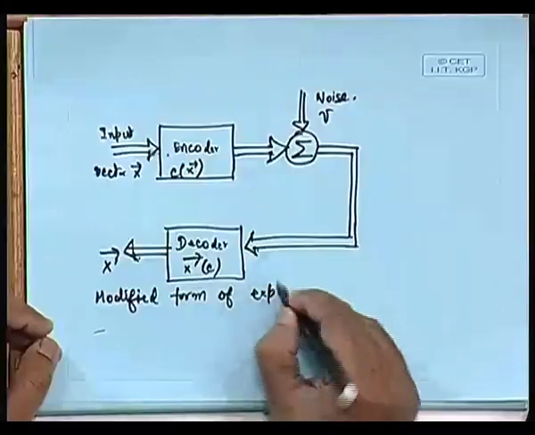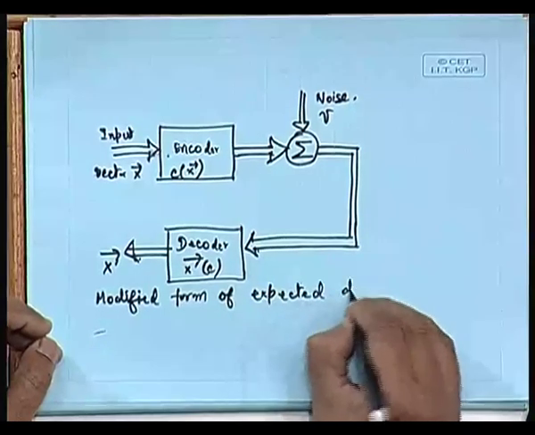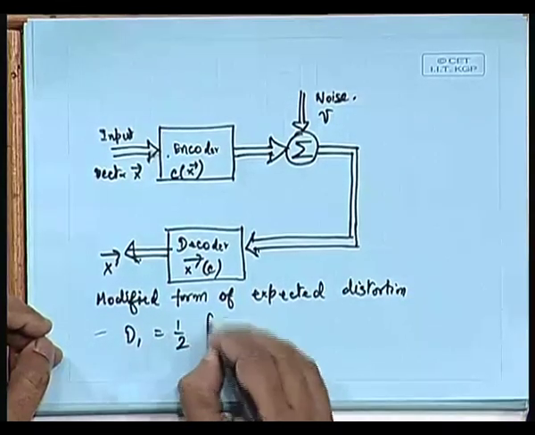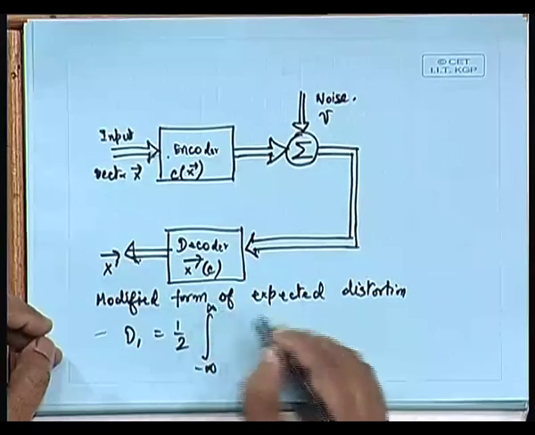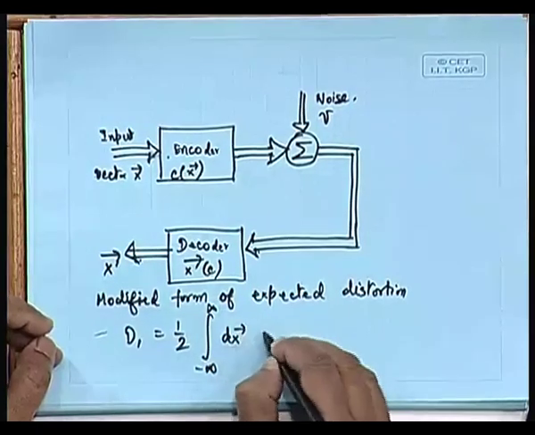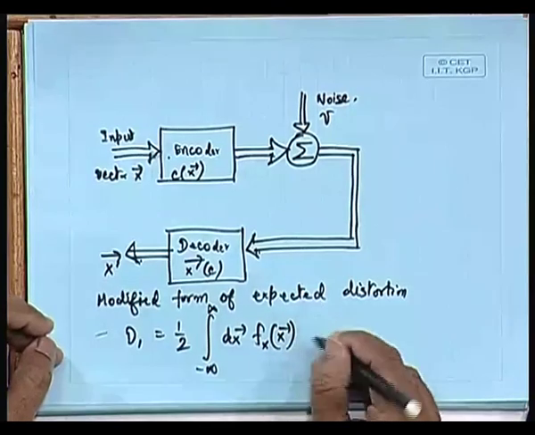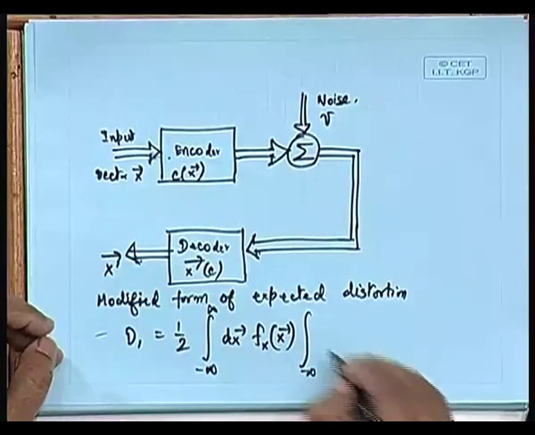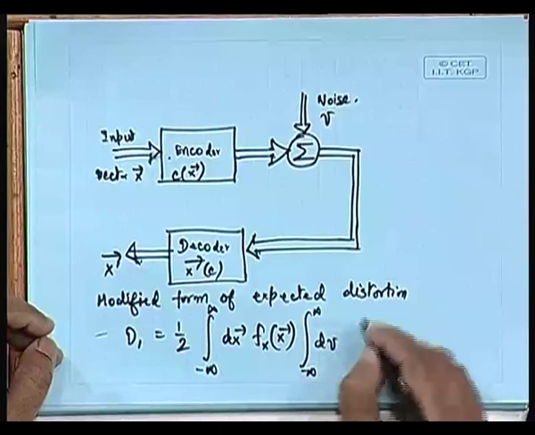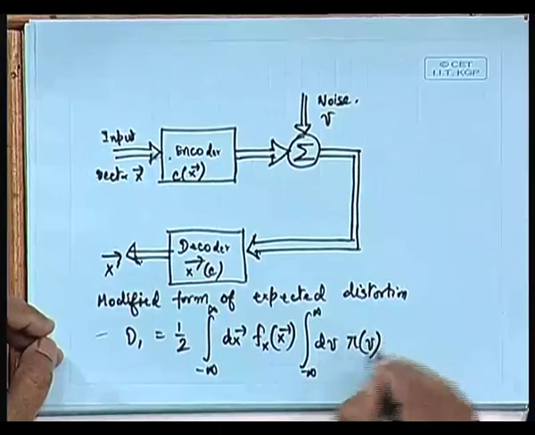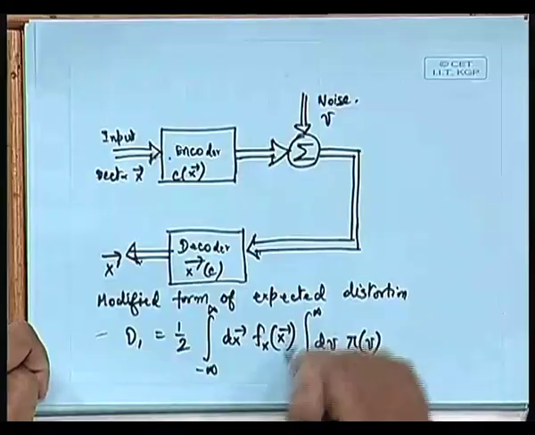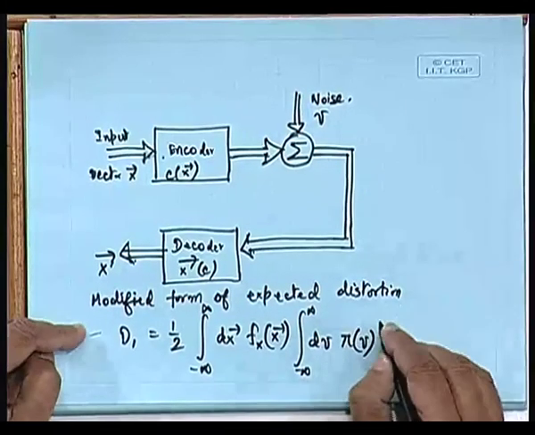So, the modified form of expected distortion will be D1 equal to half of the integral from minus infinity to plus infinity dx vector fx of x vector, and then we have this term coming in, d nu pi of nu, where nu is the noise and pi of nu is the probability density function of the noise. So, we are first integrating over this space.